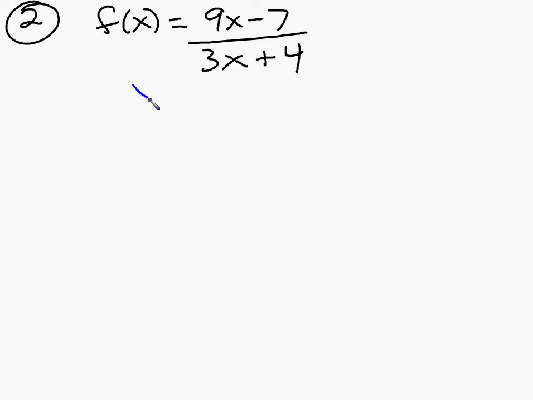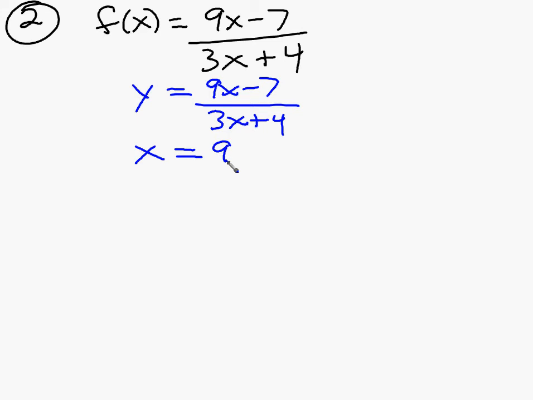So y equals (9x minus 7) over (3x plus 4). And now I need to trade the x and the y. So the x is going to be here, and I'm going to have (9y minus 7) over (3y plus 4).